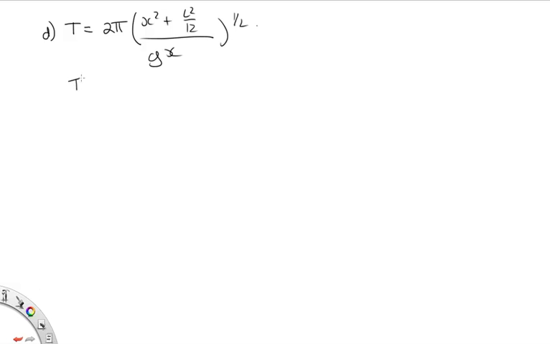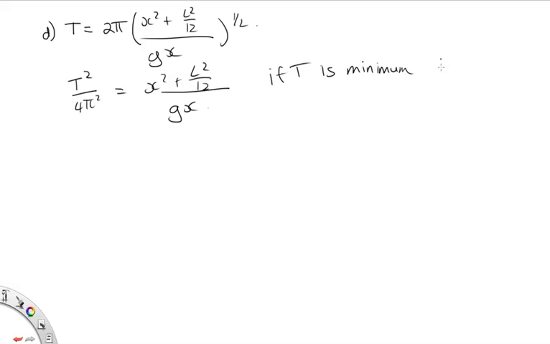So let's just write this as T squared over 4 pi squared is equal to (x squared plus L squared over 12) over gx. And this is a much simpler expression to find the minimum of.